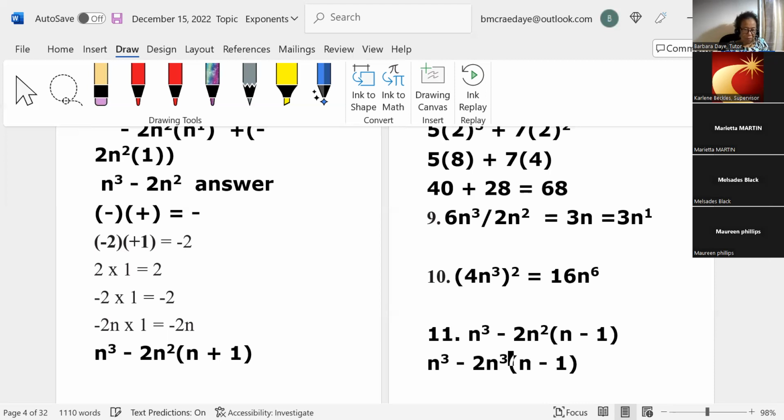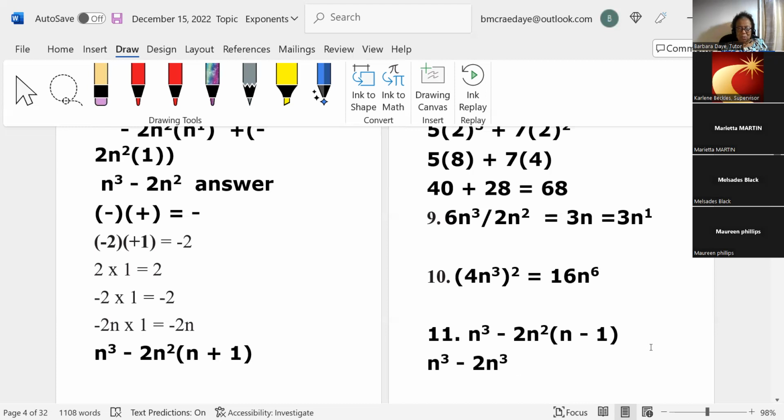Okay, so there you go. Now, what would minus 2n to the second times a minus 1 give you? Minus times minus gives what?